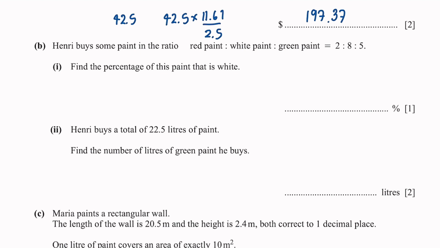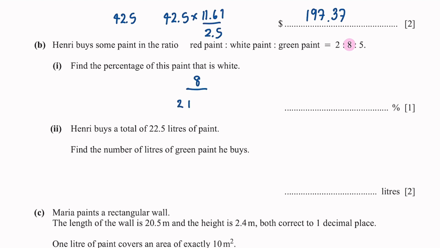So the white ratio is 8 over 2 plus 8 plus 5, which is 8 over 15. And then if you calculate this in your calculator and change this into decimal, you will get 53.33%. This is your answer.